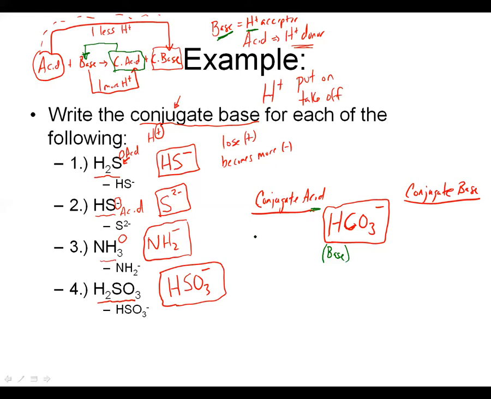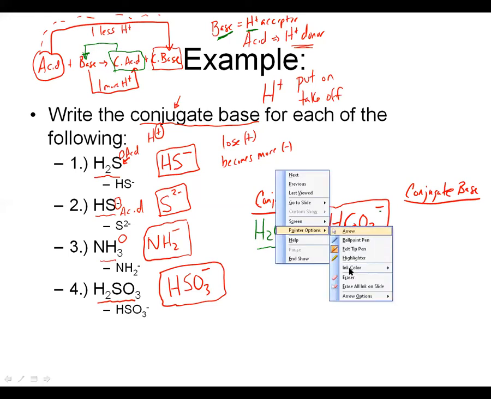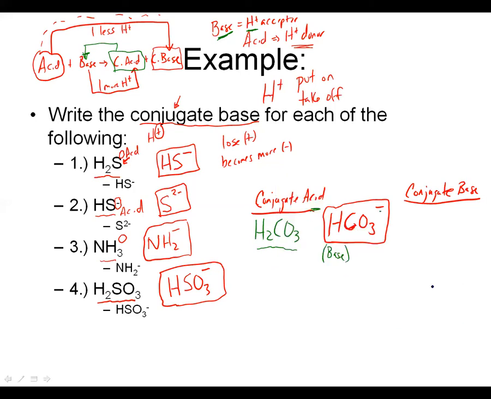So in this case, we would put the H plus on. When we do, we end up with two hydrogens, a carbon, an oxygen that has three, and then +1 and -1 gives you no charge here. So we would end up with H2CO3, which is known as carbonic acid, and that would be the conjugate acid in this case. Any questions on that one?